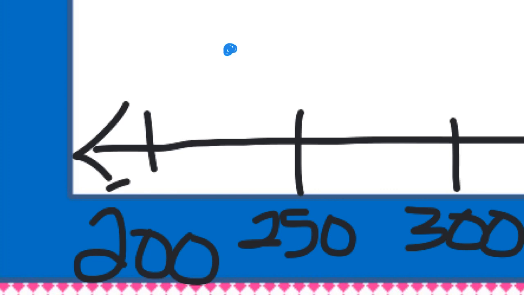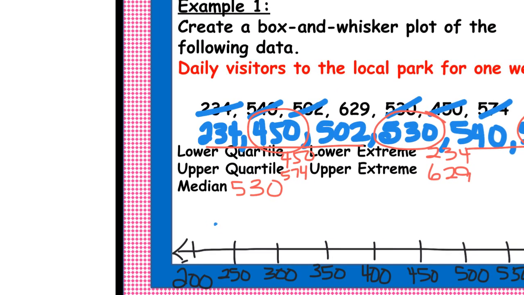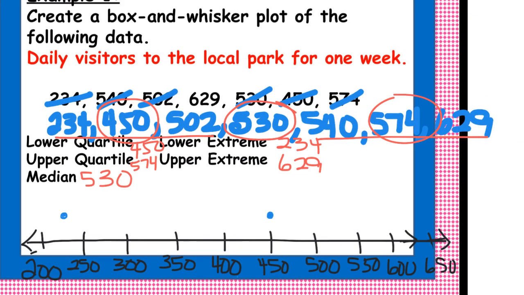I need to do it up above it, and you'll see why in just a minute. Okay, the next number I need to plot is my lower quartile, and it is 450. So 450 is really easy to do. I want to put this point about the same height above my number line as my first one.